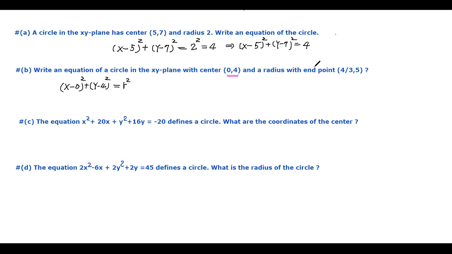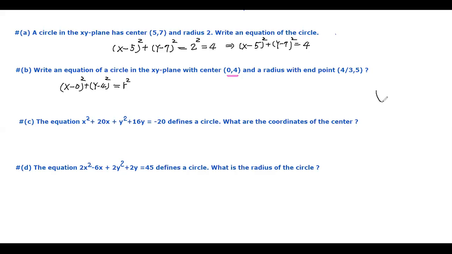So what they tell us is, let's say there's a radius with endpoint (4/3, 5).